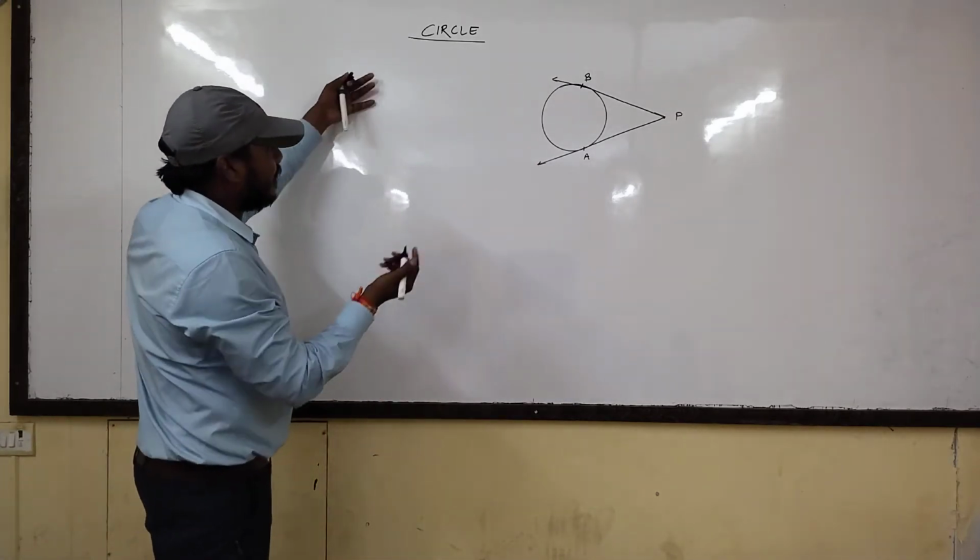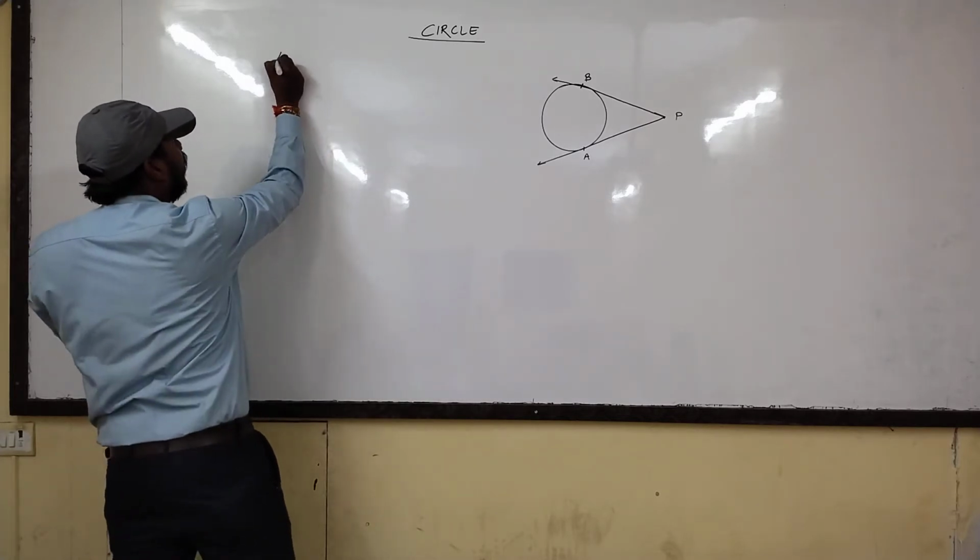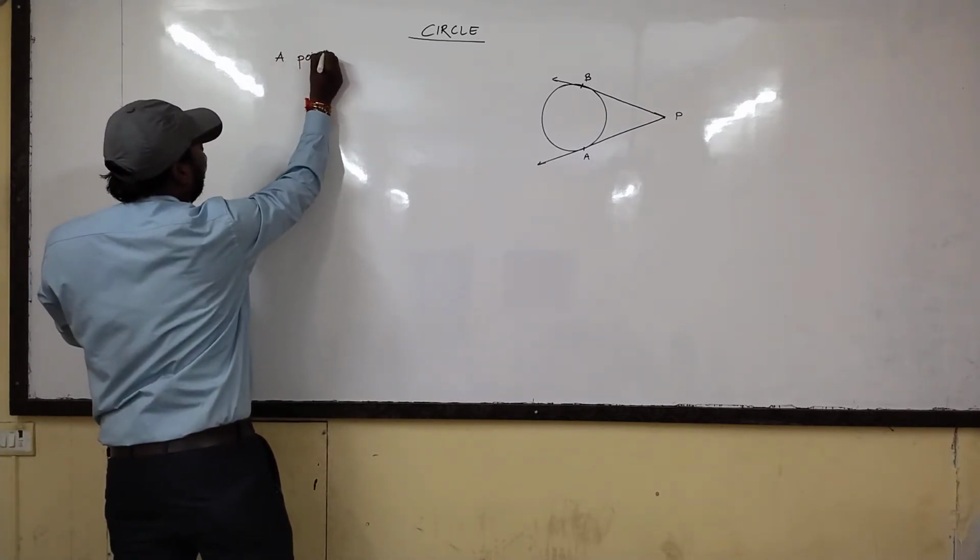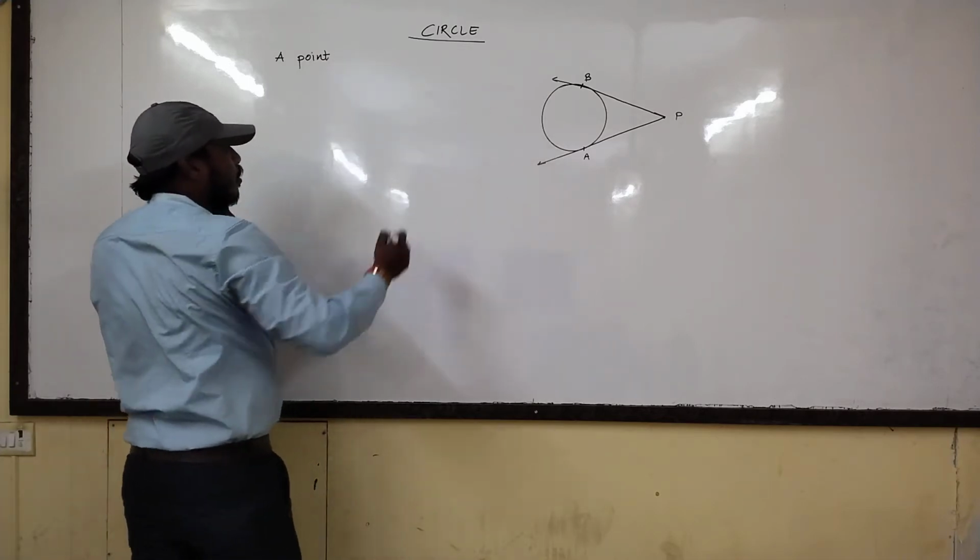So, if we talk about the statement of the theorem, we have a point P that is outside the circle.